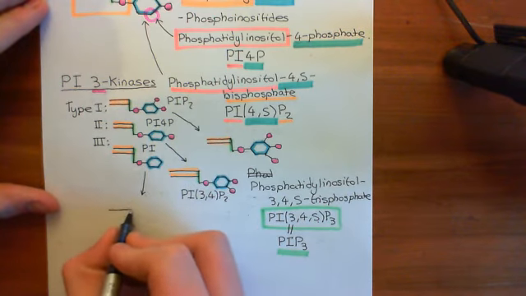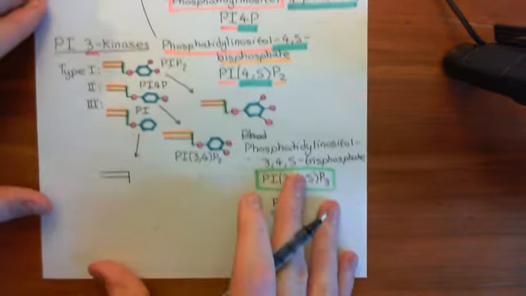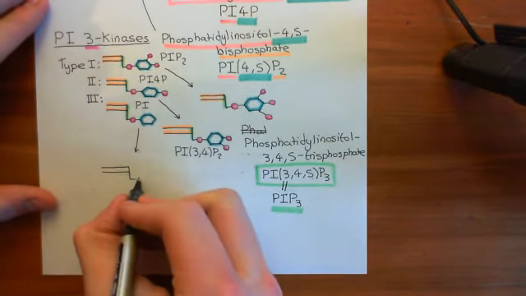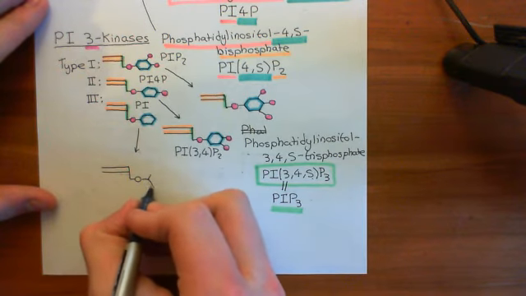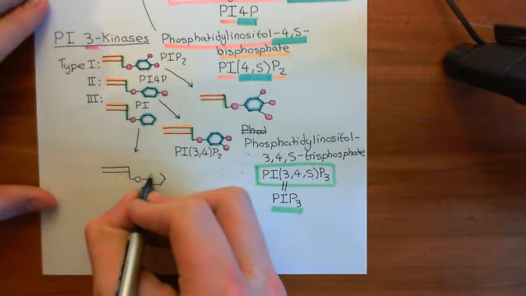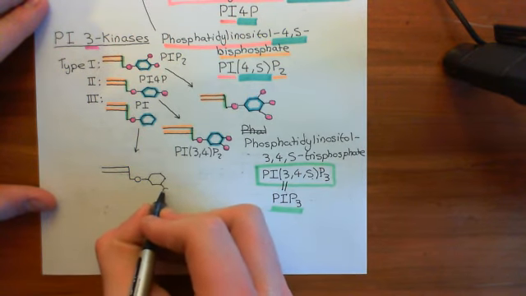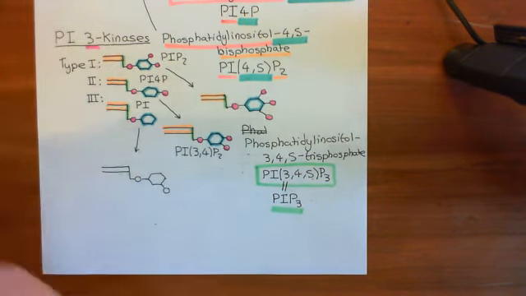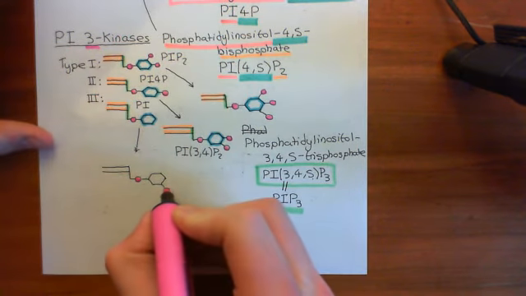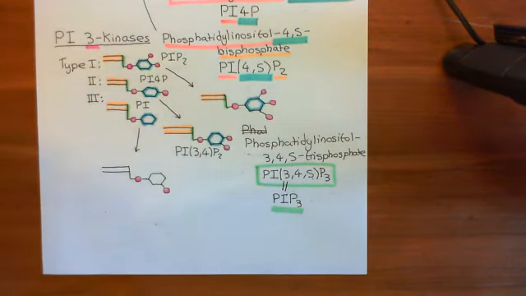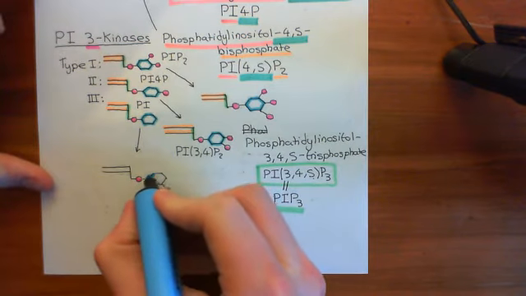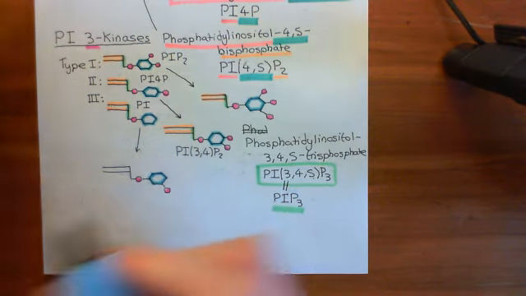Okay, and what the phosphoinositide 3 kinase of the type 3 is going to do is it's going to phosphorylate the 3rd carbon of the inositol ring and convert this into phosphatidylinositol 3-phosphate, like so. Okay, so here are the phosphate groups, and then in blue here is the inositol ring.